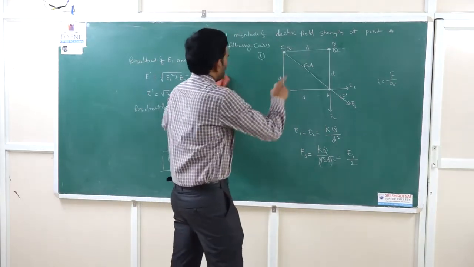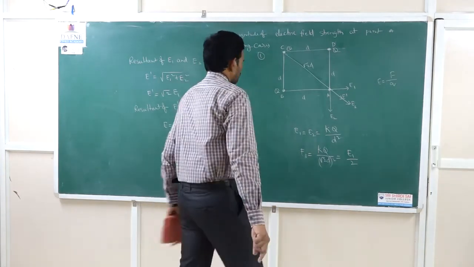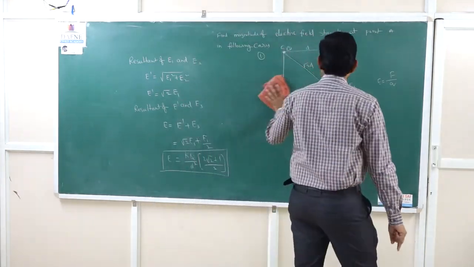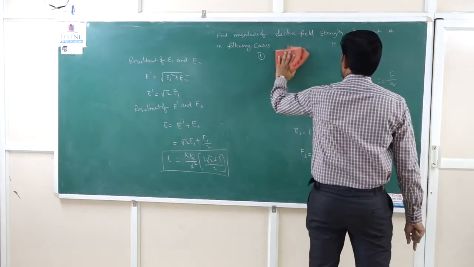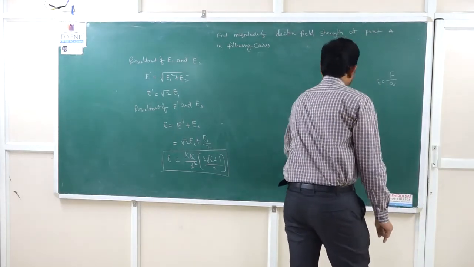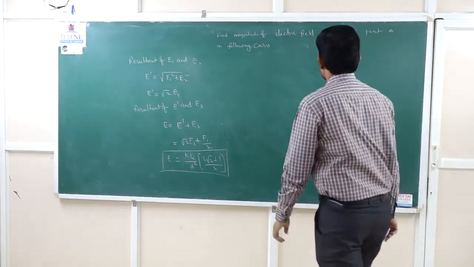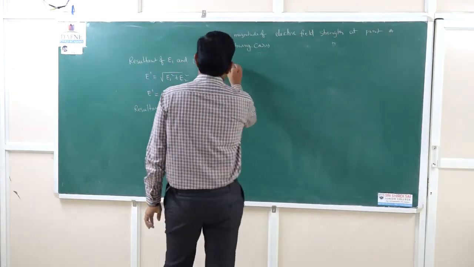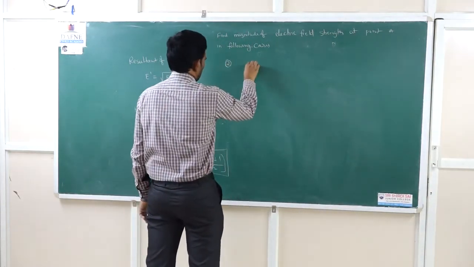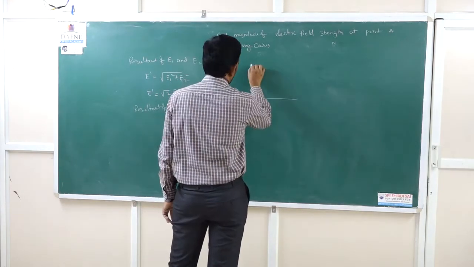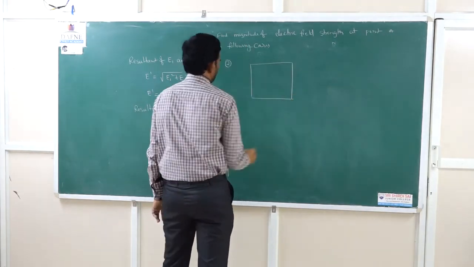So the same question, let us note that another same question. So I am moving this diagram now. Now the second example or second problem. So again I am taking the square configuration.